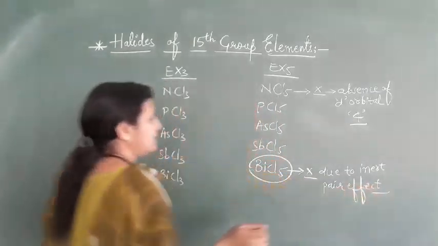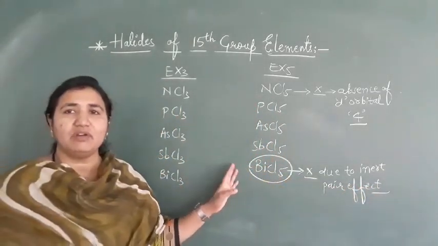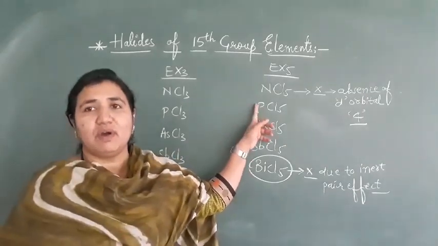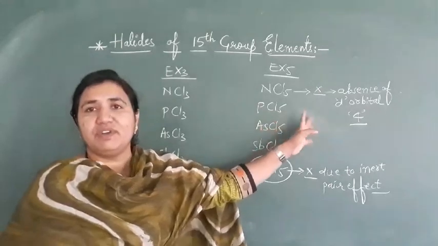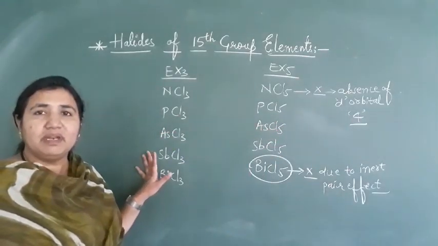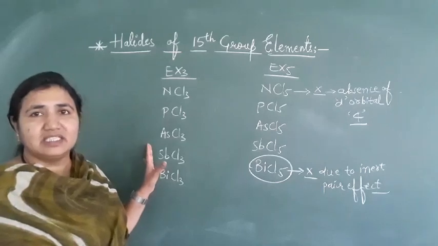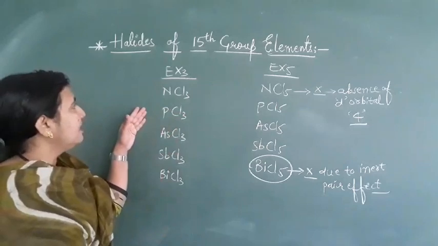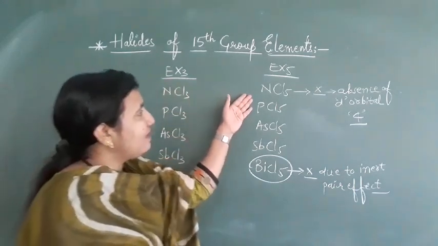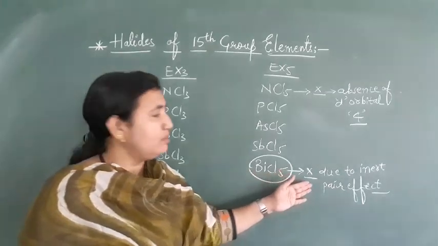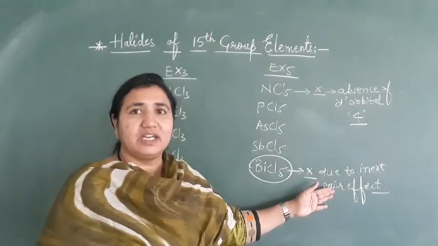Due to the inert pair effect, BiCl5 cannot form. So the 15th group elements can form two types of halides, trihalides and pentahalides. NCl5 cannot form due to absence of d orbital, and BiCl5 cannot form due to the inert pair effect.